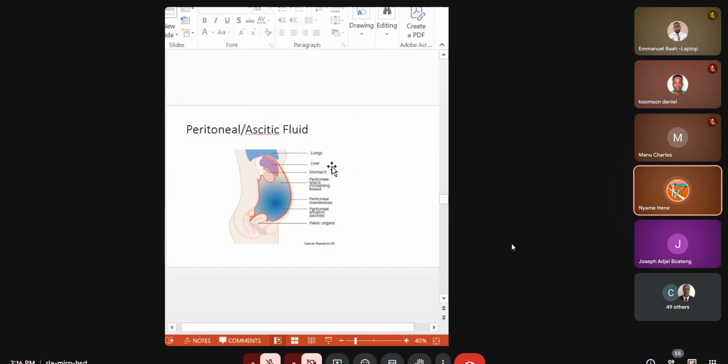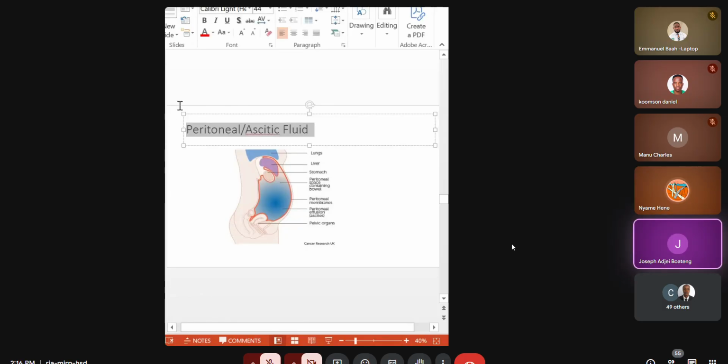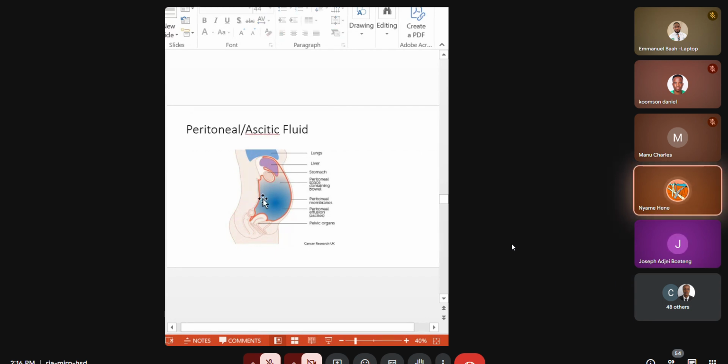When we talk about ascitic fluid, we are saying that in some conditions a patient's stomach or belly, the abdomen, becomes enlarged and is full of fluid. So we call it peritoneal fluid.